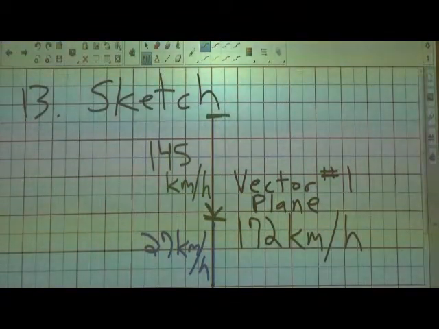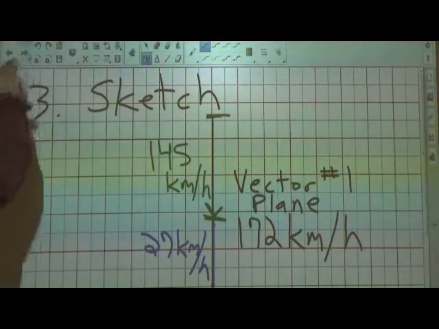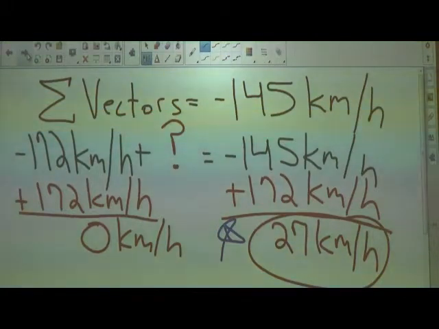So let's do this mathematically. The sum of the vectors has to equal a negative 145 kilometers per hour. Why did I put that negative sign there? You know this. That's right, because it's going south. Alright, so let's write down the vectors that we know.